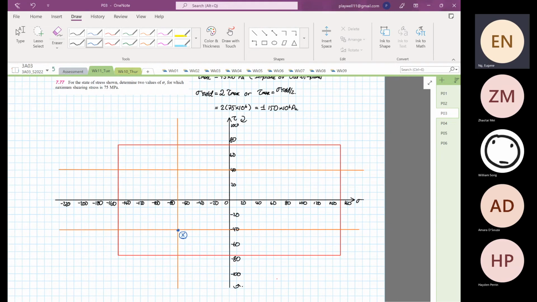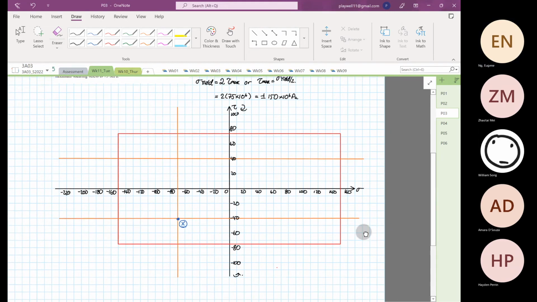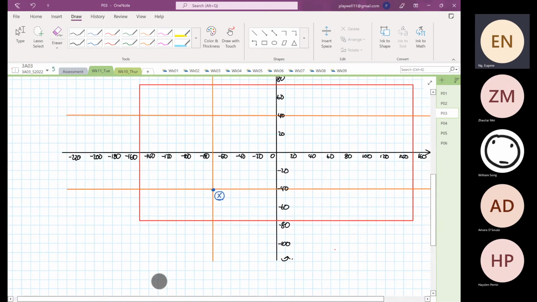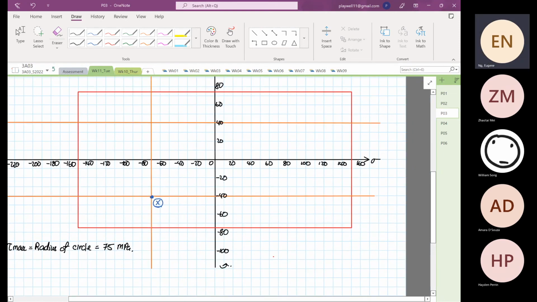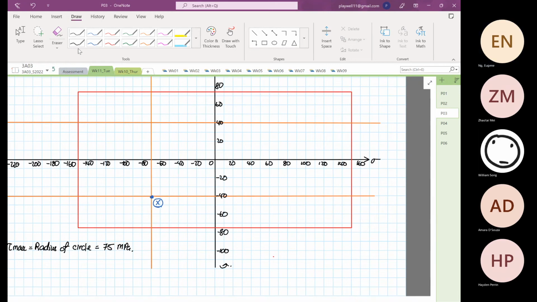So we are aware that tau max, which is also equal to the radius of the circle, is equal to 75 megapascal. We know that point X, from point X until the zero shear stress line, right?